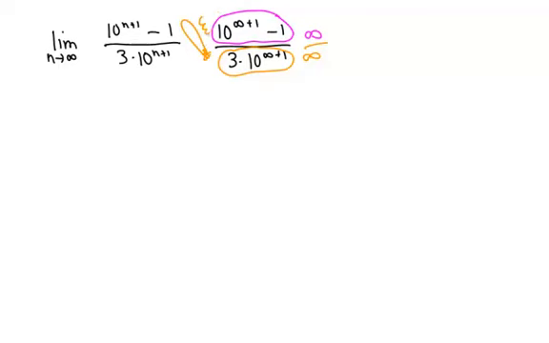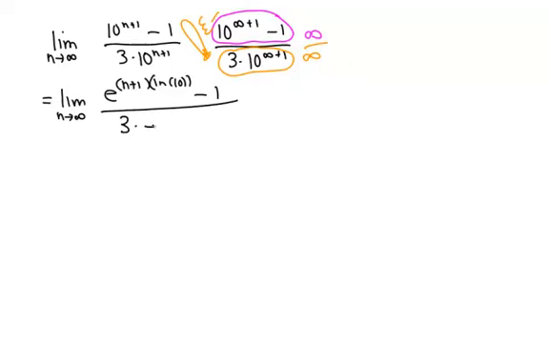So I'm going to hit it with the L'Hopital stick. Well, the first thing I have to do to apply derivatives is prep this. So this is e to the power of (n plus 1) times ln of 10, minus 1. And on the bottom we have 3 times, again, let's prep it, e to the power of (n plus 1) times ln of 10.